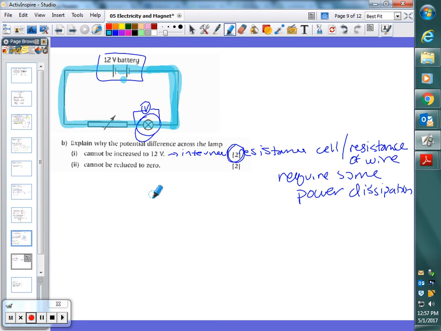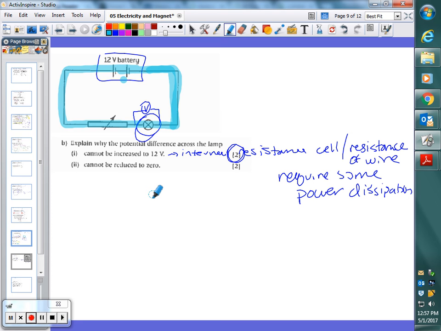And then, cannot be reduced to zero. There's one way to make the potential difference across something zero. Bypass it. Yes, that's one action. Well, a short circuit is one way to do it, but a short circuit results in what current through the rest of the circuit?